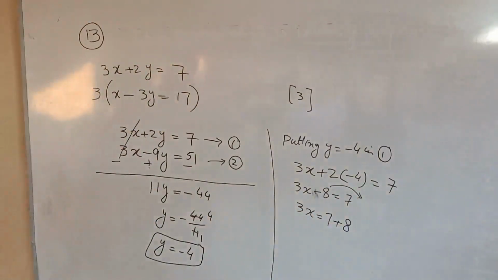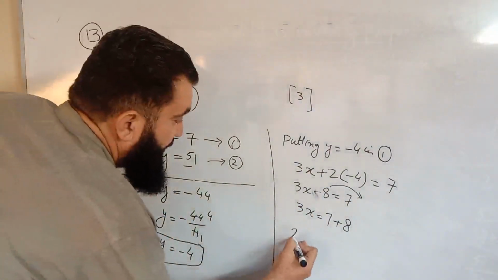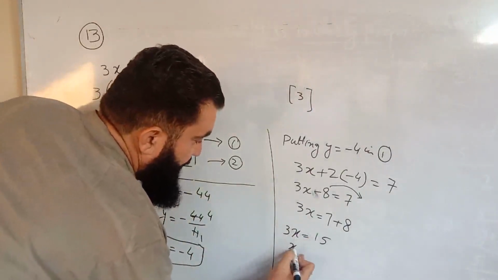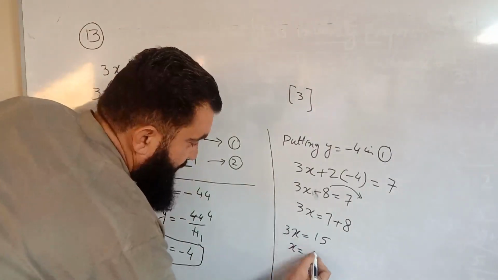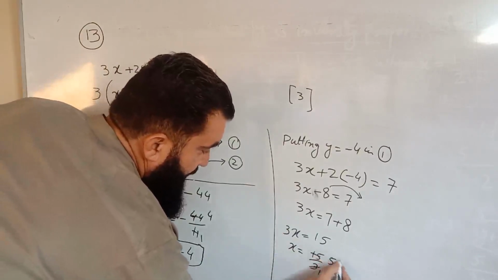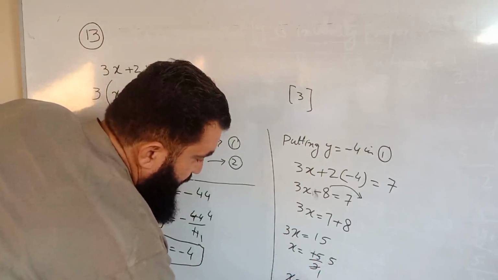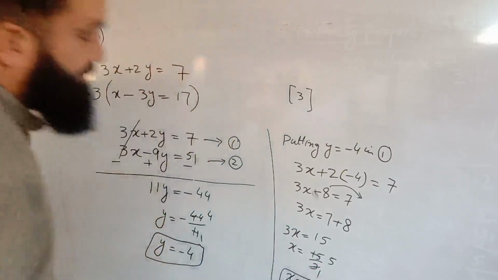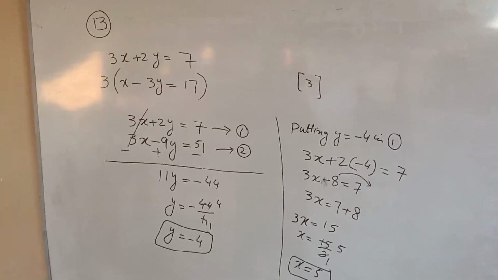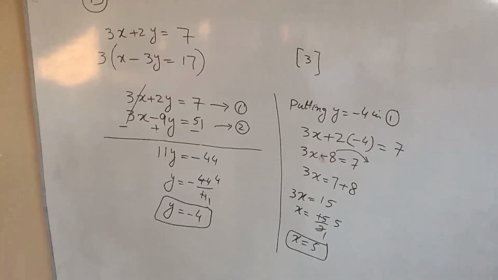So this will become x is equal to 15 over 3. When 3 goes to the other side, it becomes divided, so x is 15 over 3. 3 1s are 3, 3 5s are 15, x is equal to 5 is the answer. So y is equal to minus 4 and x is equal to 5 are the two answers of this question.